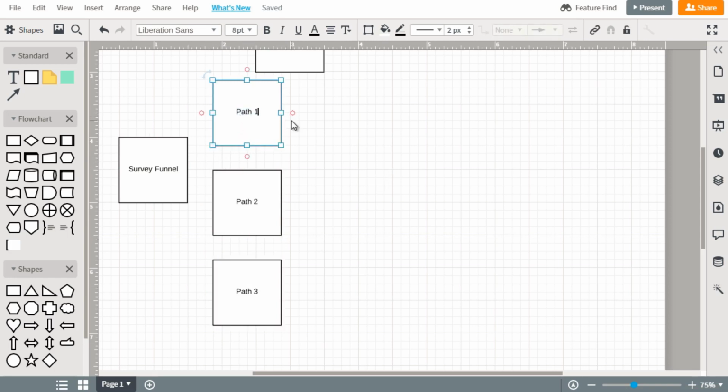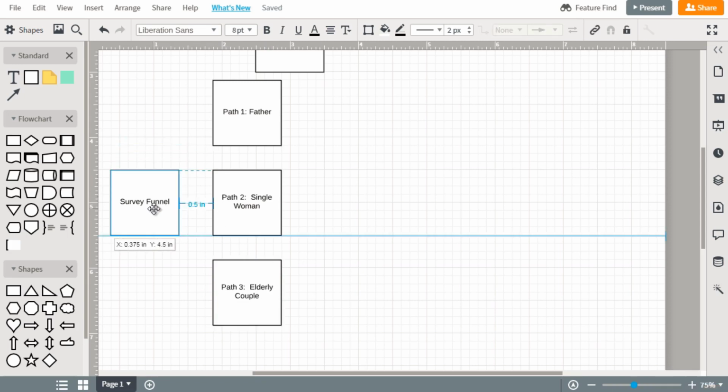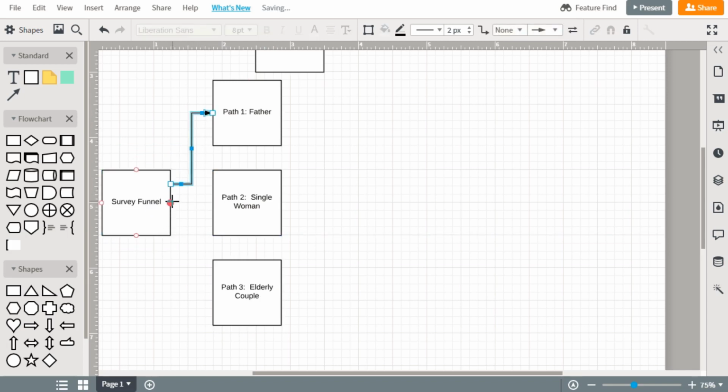And let's actually name these. Let's go back to the few videos that we discussed about security. Remember, we discussed there was the father, the single woman, and the elderly couple. So we're going to move this down here. This is the survey funnel. And there we go, 1, 2, and 3.